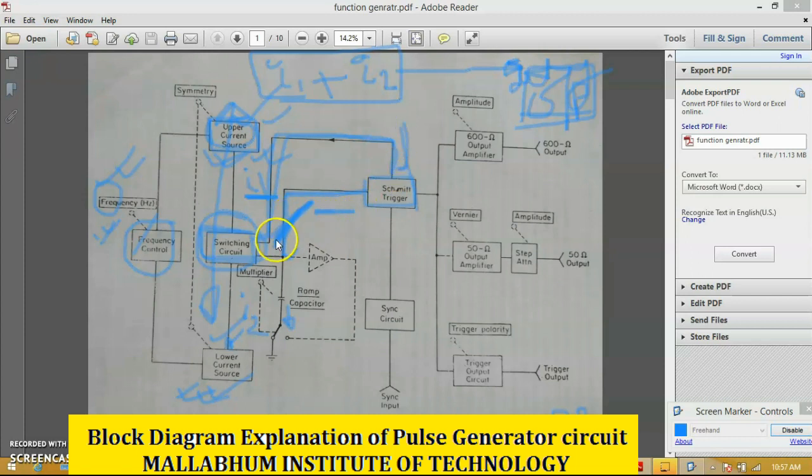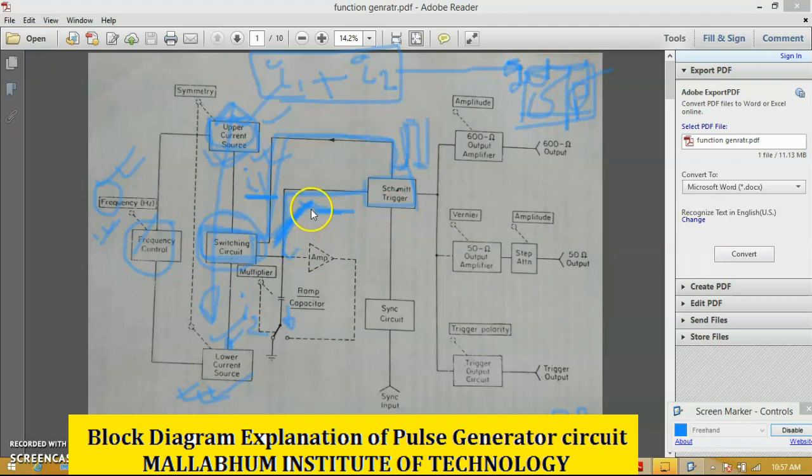Now as soon as the capacitor voltage reaches the predetermined level of the circuit component, then the Schmitt trigger, that is the triggering circuit, changes its state. That means if it is at a higher level, it changes to a lower level, and if it is at a lower level, it changes to a higher level.